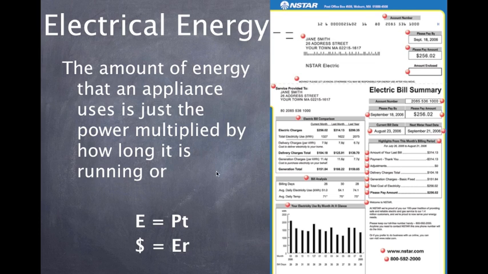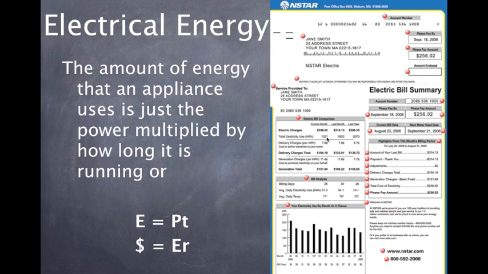When we talk about kilowatt hours, you can take a look at an electricity bill. It'll tell you how much you are being charged per kilowatt hour. It says 7.9 cents per kilowatt hour. That would be the rate. Now, the number of kilowatt hours that you actually use is right here.